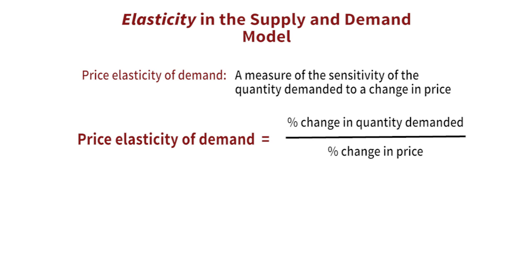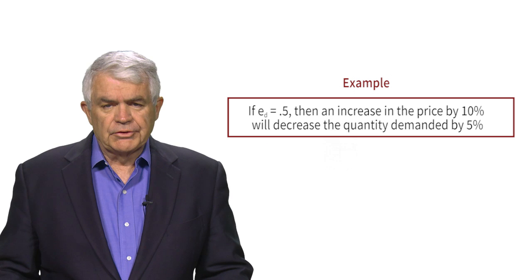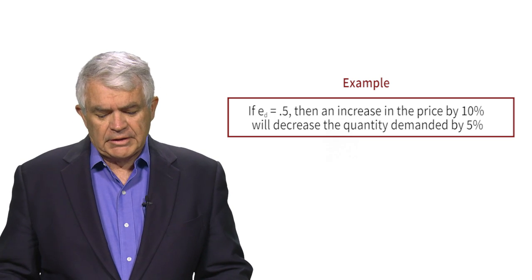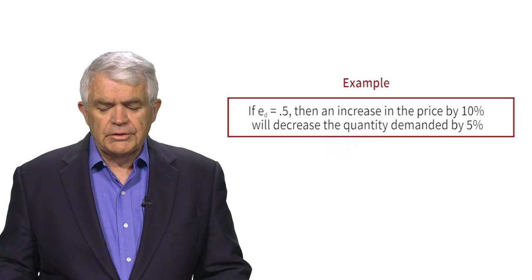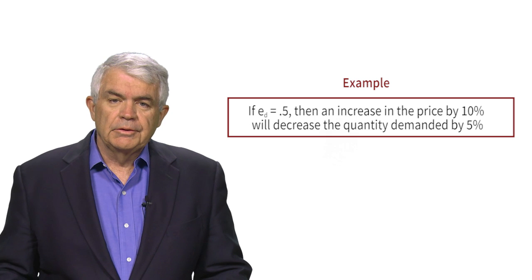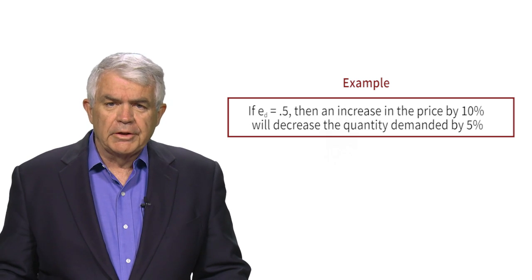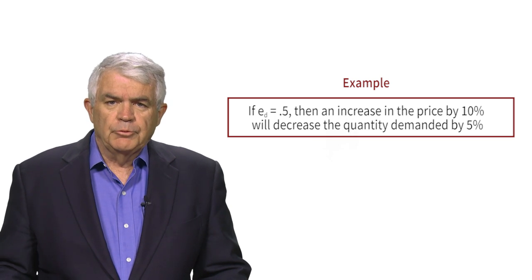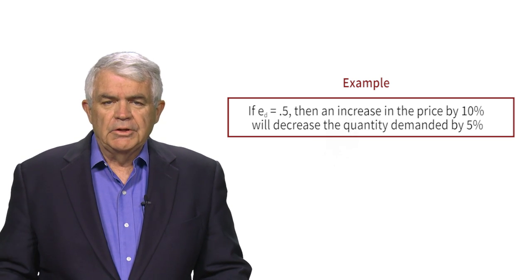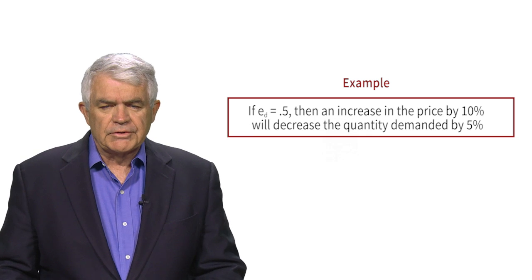In fact, the price elasticity is defined as the ratio of that percentage change in the quantity demanded of apples or whatever to the percentage change in the price. And so, for example, if the price elasticity of demand is 0.5, then an increase in the price by 10% will lead to a decrease in the quantity demanded of 5%. That's the 0.5, 5% over 10%. And so that's your measure of the elasticity.